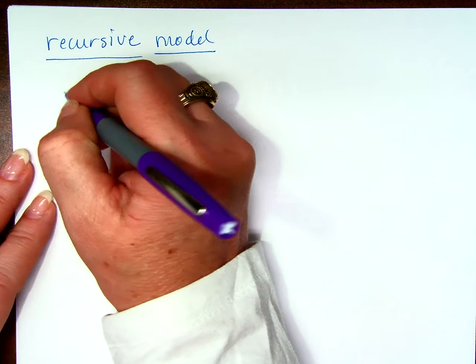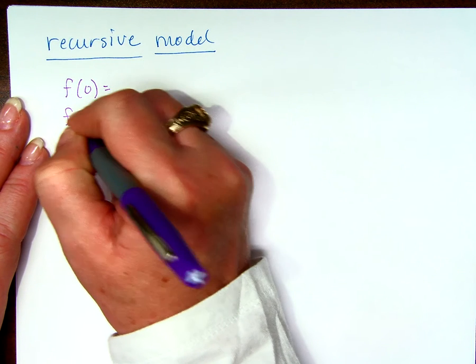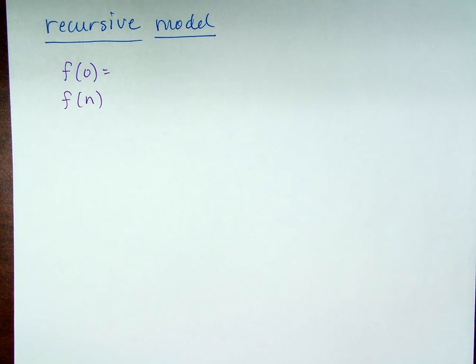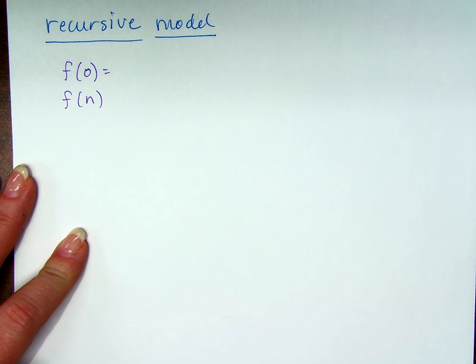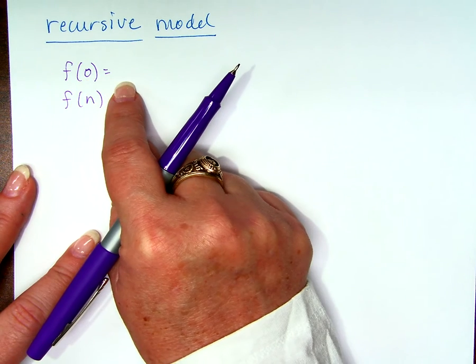So in a recursive model, you need to know f of 0 and you need to know f of n. Think back to the worksheet that we did with the tables on it. Well, what's true every single time at x equals 0? If x is 0, what does y equal?